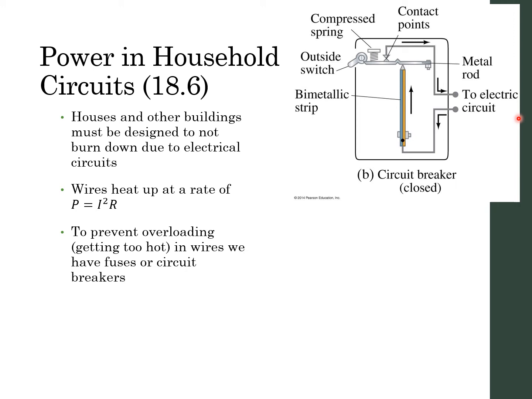So with this image up here, we have a closed circuit breaker. So you have some outside switch where you can manually open and close the entire circuit to the home. So this is usually called a circuit board for a house. It's connected to this metal rod.